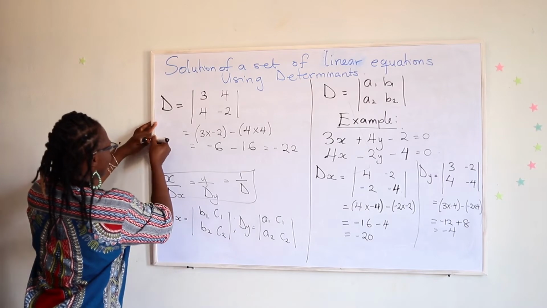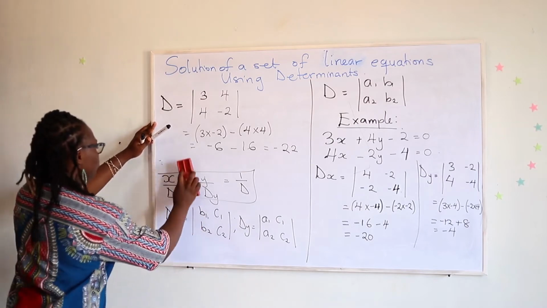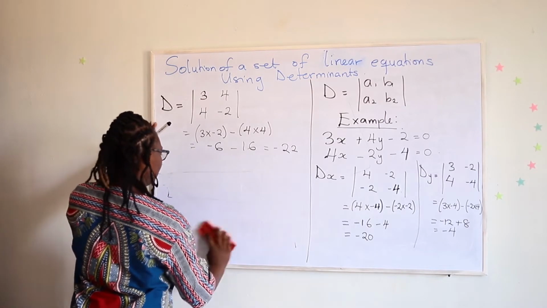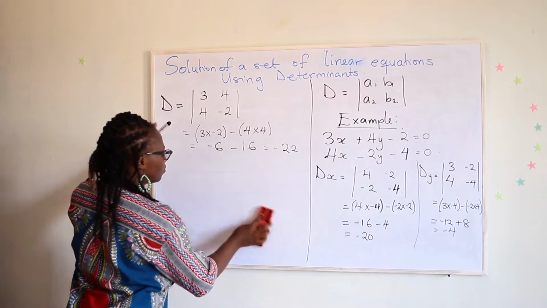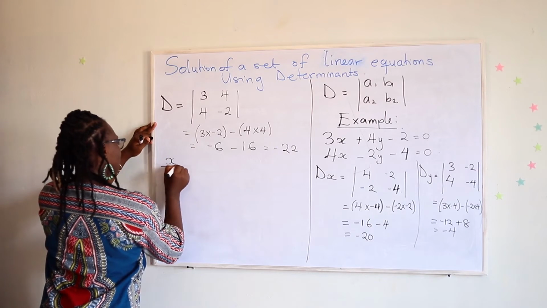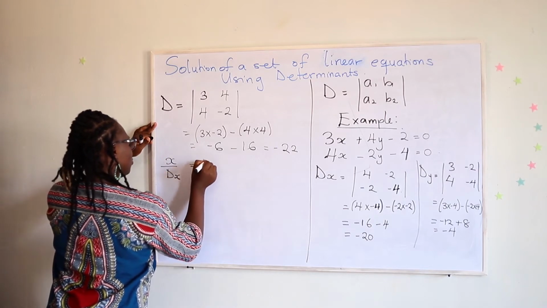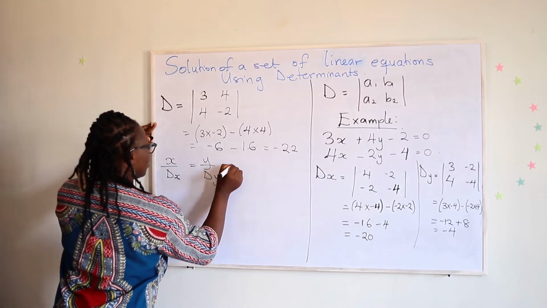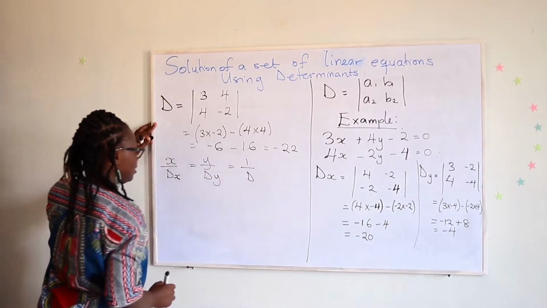So now let's find the values for x and y. The general solution, if you remember, x over dx equal to y over dy equal to 1 over d.